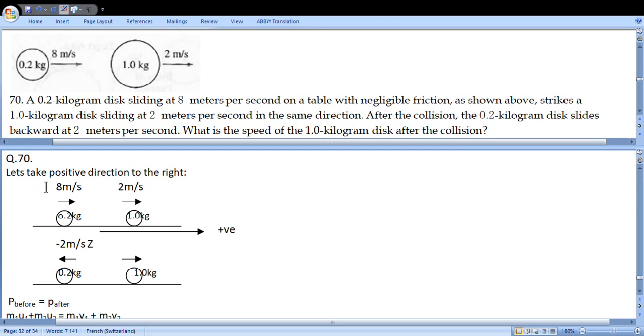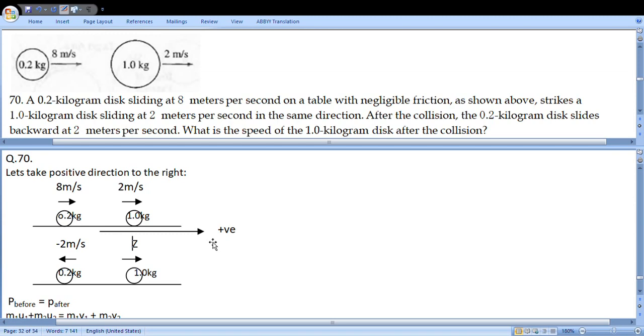I have drawn a picture here. Let's choose the positive direction to the right. Then we have plus 8 meters per second, plus 2 meters per second. Here we have minus 2 meters per second and z unknown.